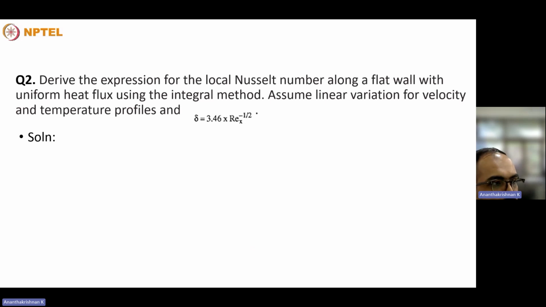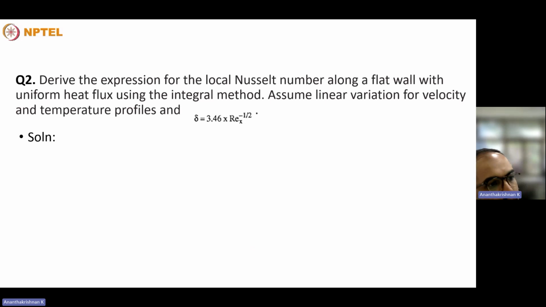Assume linear variation for velocity and temperature profiles, and the hydrodynamic boundary layer thickness as 3.46 x Rex raised to -1/2. This is the value of the boundary layer thickness that we get from the integral solution for a linear velocity profile.